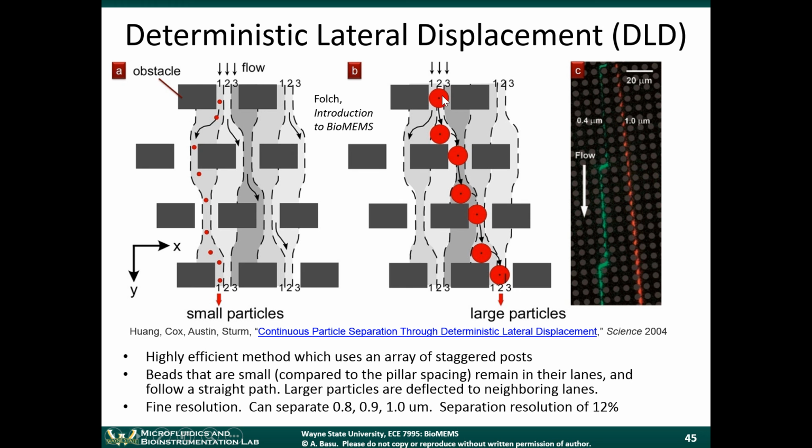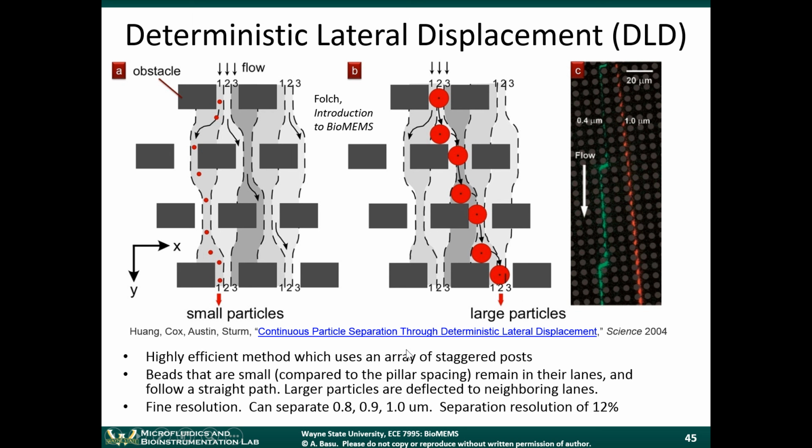The center of mass is in streamline 2. Streamline 2 would follow a path that looks something like this, and it would end up down here. But the particle is deflected into the neighboring streamline because it's so large that it's displaced by the fact that this post is there. So the particle keeps on going off to the right, whereas the small particles will travel a more straight path.